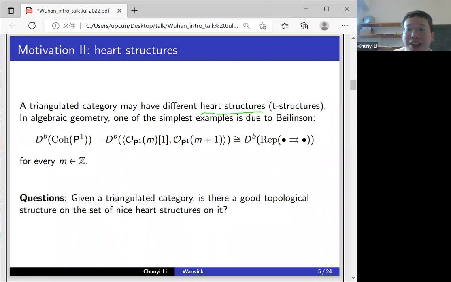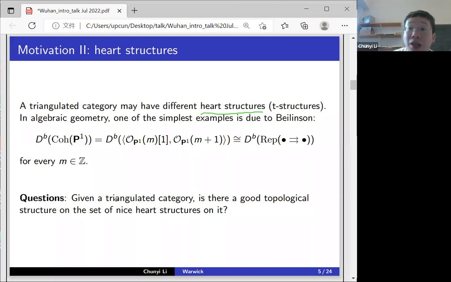I don't have any example in topology, but in algebraic geometry we have a lot of examples of triangulated categories that have very different heart structures. Actually, for any bounded derived category of a projective variety, you have very different hearts.